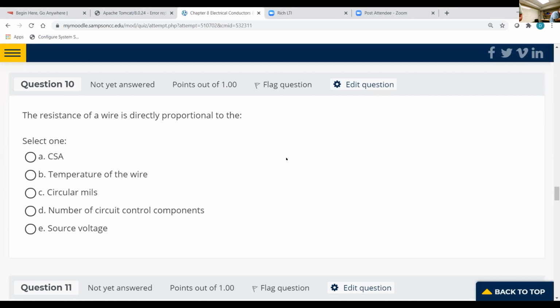If the temperature rises, it causes an increase in resistance, which means it's directly proportional.